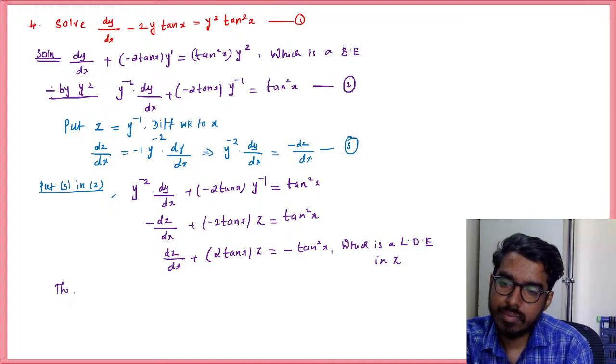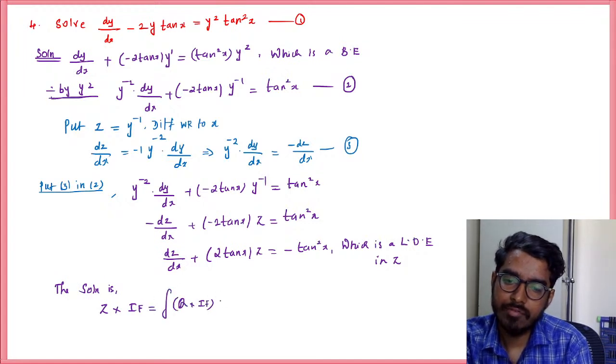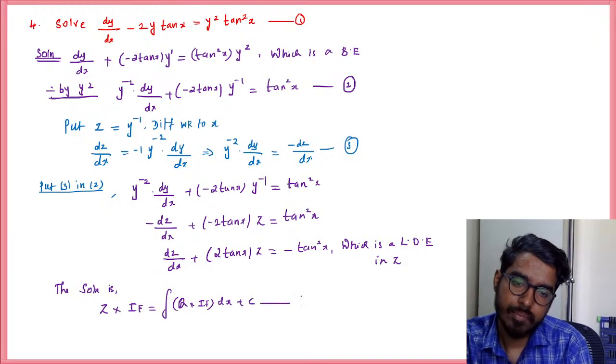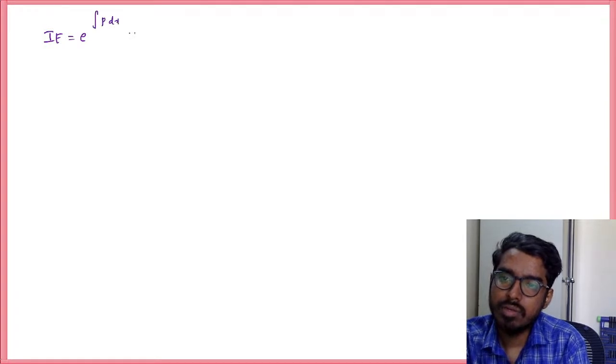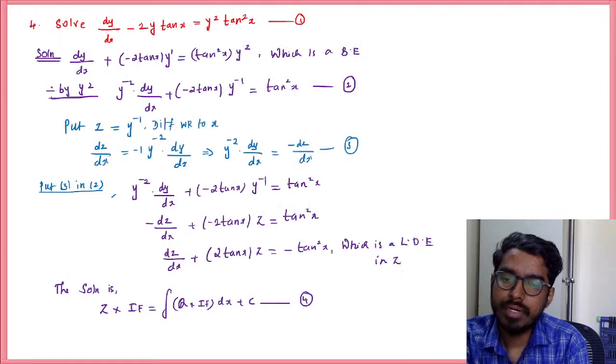The solution is given by z into integrating factor equals integration of q into integrating factor dx plus c. What is the integrating factor? E power integration of p dx.